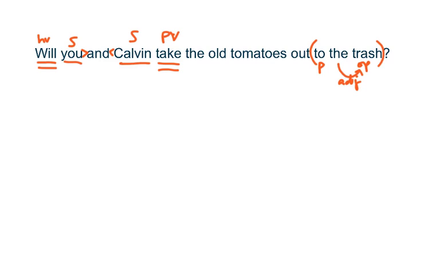Does it tell us what we're going to take? Is this a transitive? It is. We're going to take tomatoes. Direct object. Okay, what don't we have marked yet? Out. What does out modify? Take. Where are we taking them? We're taking them out. Adverb.